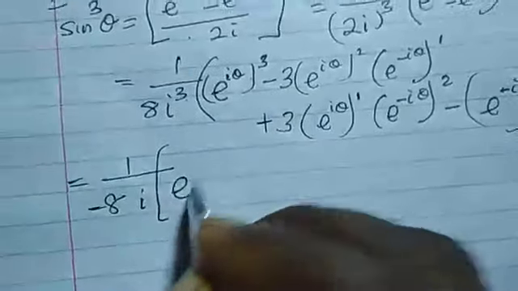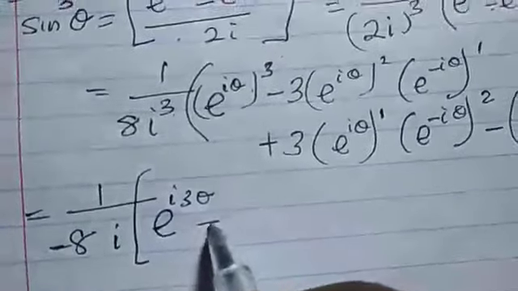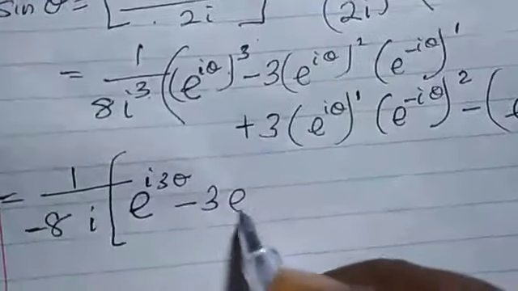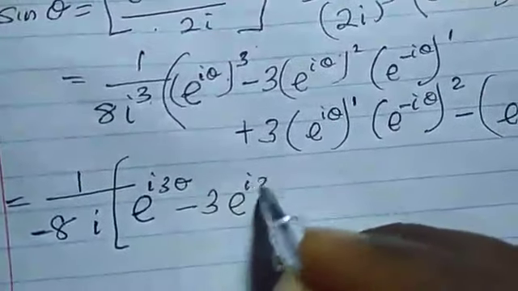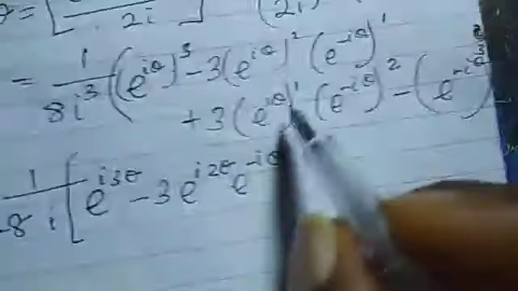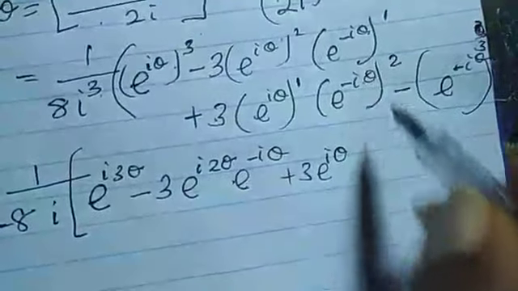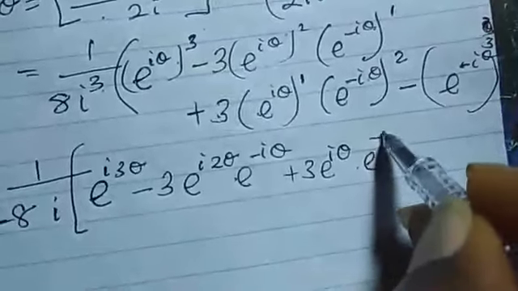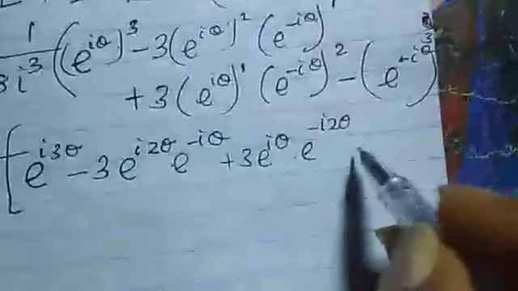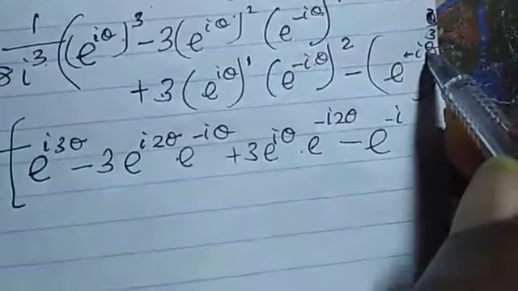Now, if you expand this, exponential i theta raised to power 3 is just exponential i 3 theta, minus 3 exponential i 2 theta times exponential minus i theta, plus 3 exponential i theta times exponential minus i 2 theta, then finally minus exponential minus i 3 theta.